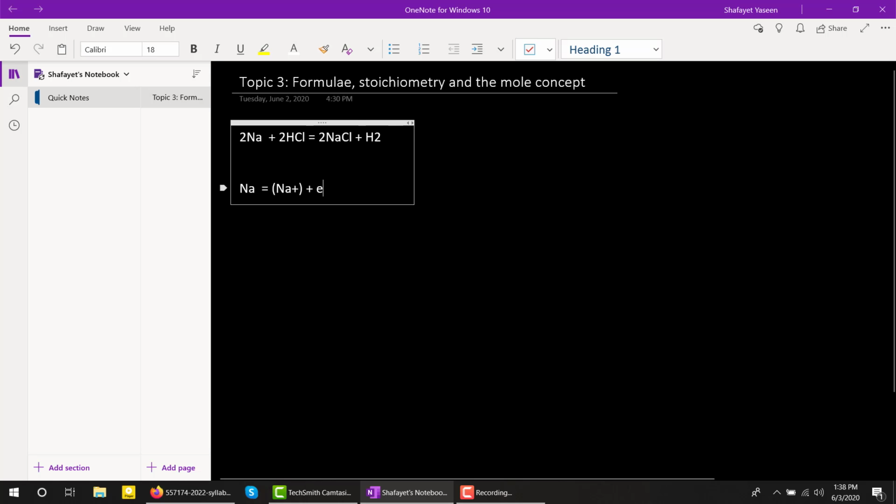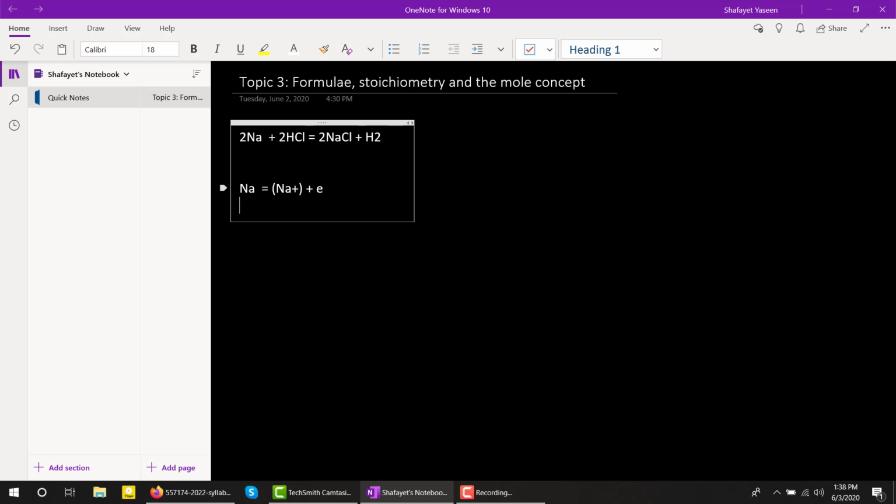So this is it. For instance, the second ionic equation, let's consider the ionic equation of chlorine. Chlorine is basically Cl2 at room temperature under standard conditions. So how does it become Cl minus? It'll just gain electrons.